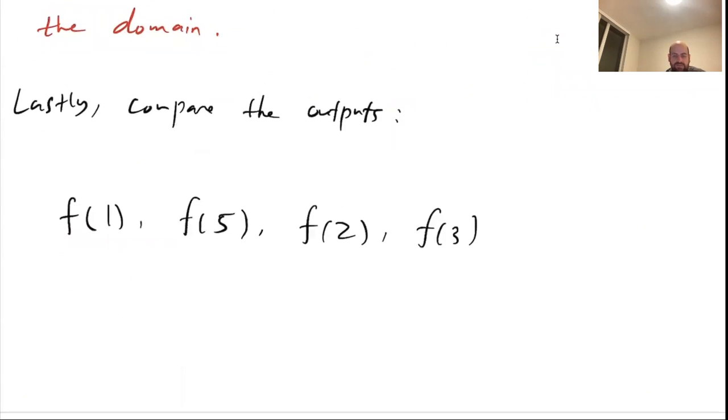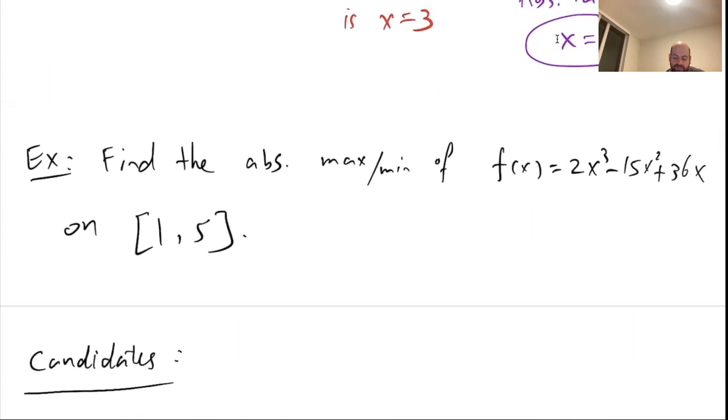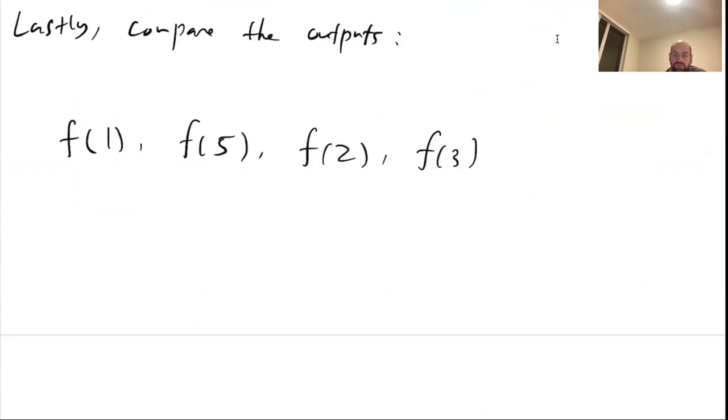Let's calculate them first. We have the formula for f of x, right? F of x is this, so you can easily find f of 1, f of 5, f of 2 or f of 3. F of 1, you can see it's 23. F of 5, you can calculate, you will see it's 55. F of 2 will be 28. F of 3 will be 27.